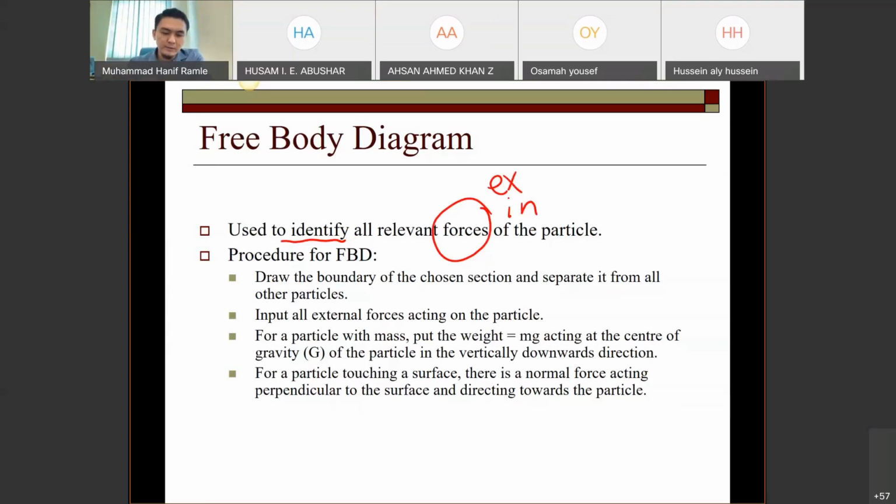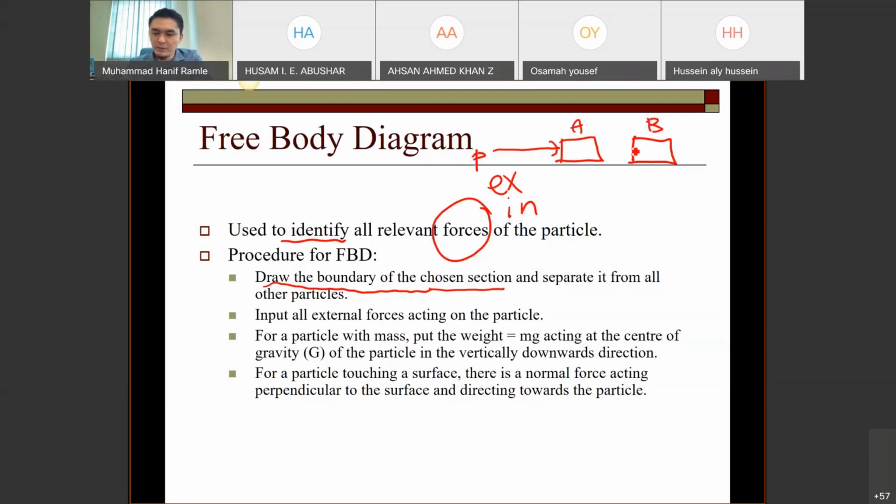The first thing is that you have to draw the boundary of the chosen section. Let's say, for example, I give you an example here. Let's say you have two different rigid bodies like this. I state the first one is A, the second one is B. Maybe we have P here.